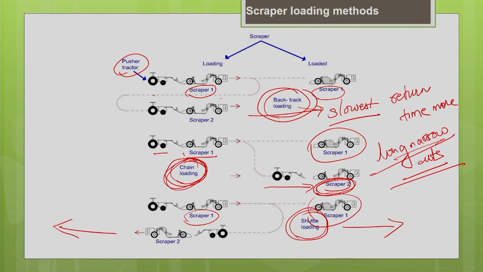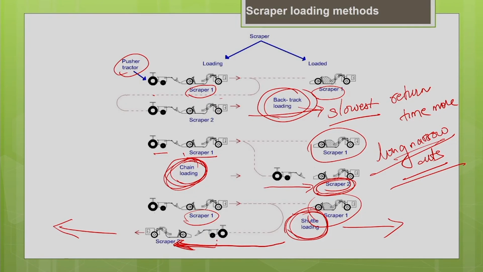After that, the pusher gets detached from scraper 1 and starts pushing another scraper in the opposite direction. That means you have scrapers moving in both directions on this site, because we have fill areas in both directions. In that case you can go for shuttle loading. Here also return time is reduced, so the cycle time is reduced.